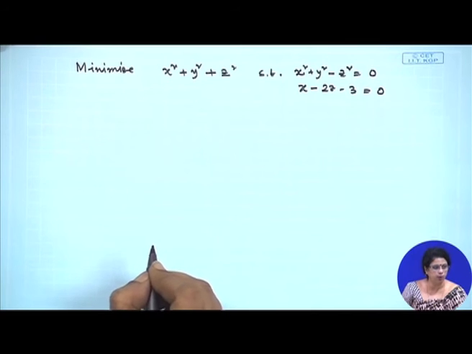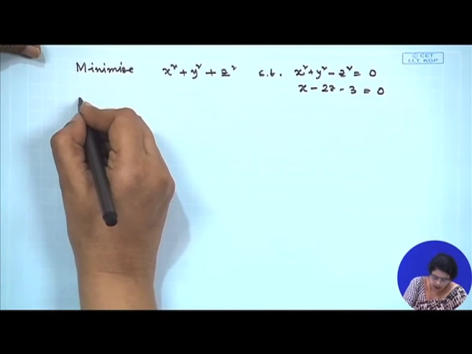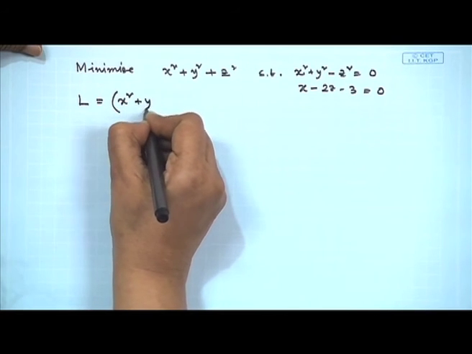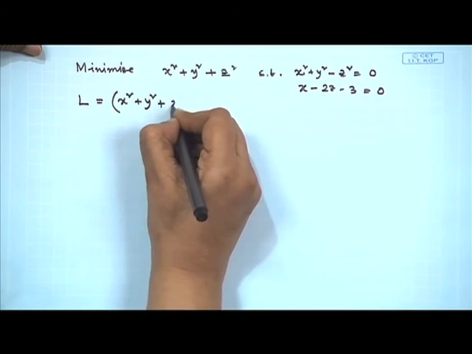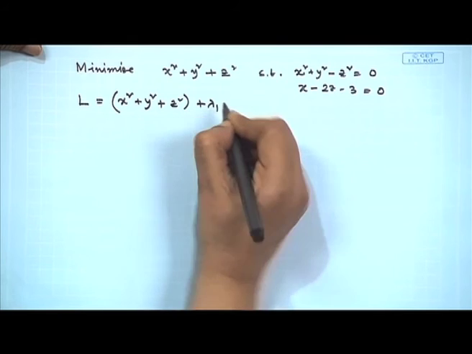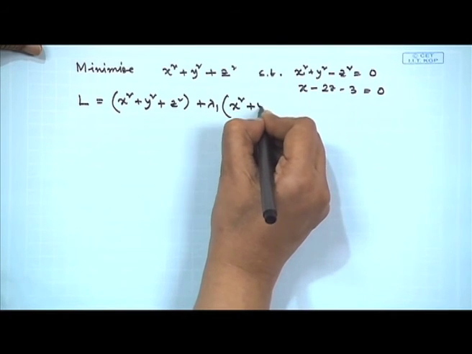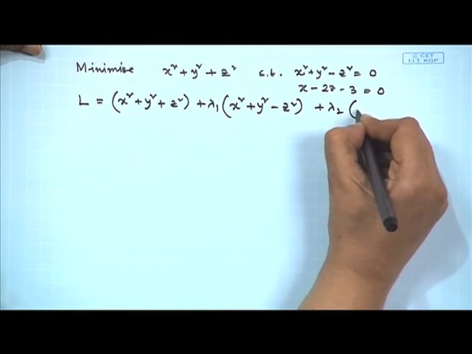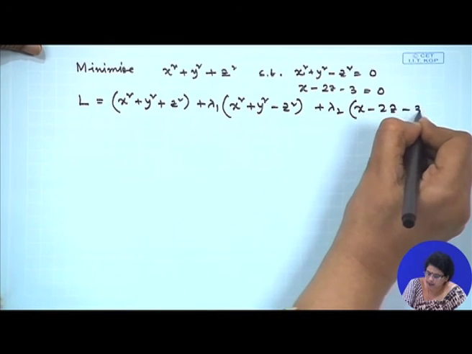Here also we will formulate the Lagrange function. Now, the Lagrange function would be x square plus y square plus z square plus lambda 1 times (x square plus y square minus z square) plus lambda 2 times (x minus 2z minus 3).